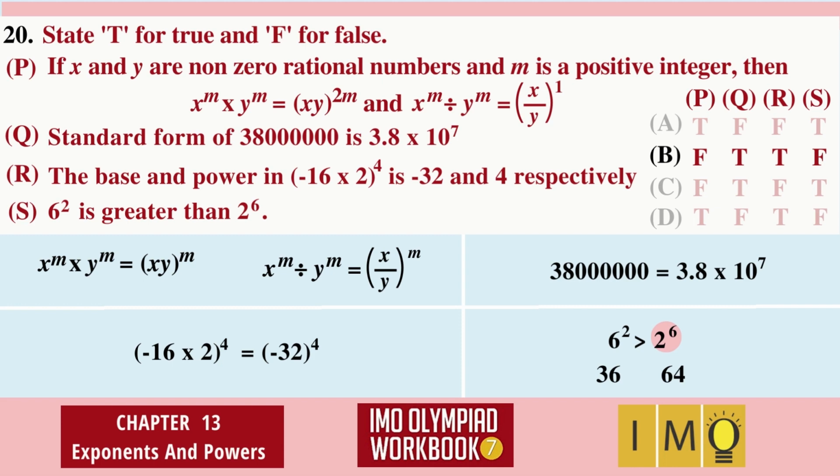Now, 36 is not greater than 64. So this means that statement S is false. This again confirms that the right option is option B.